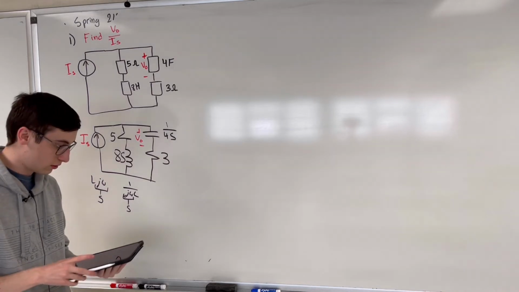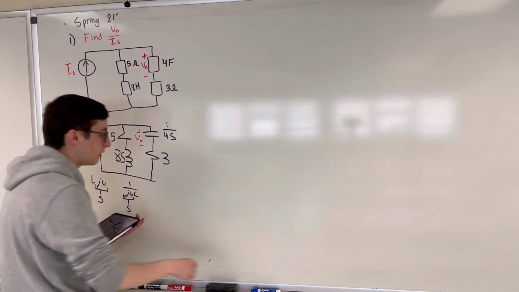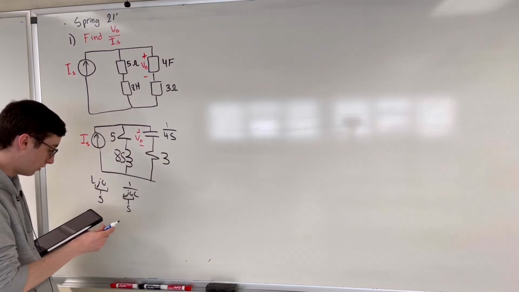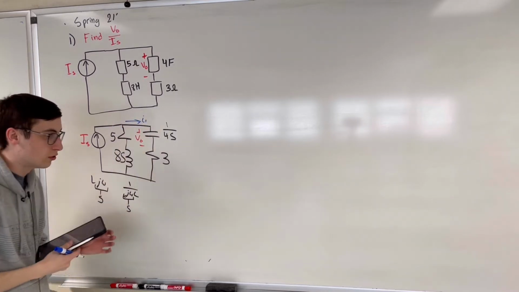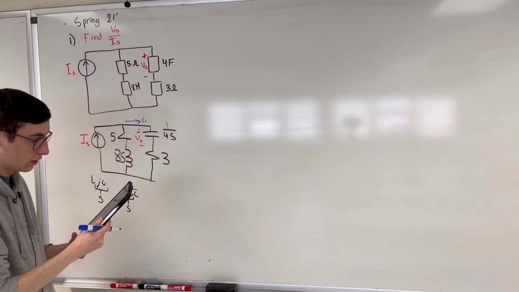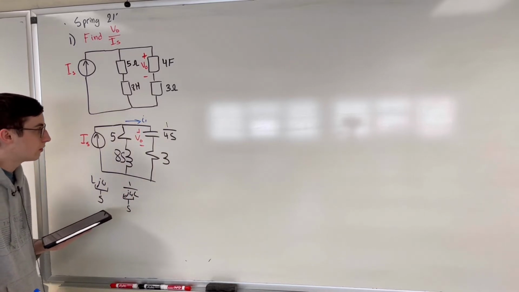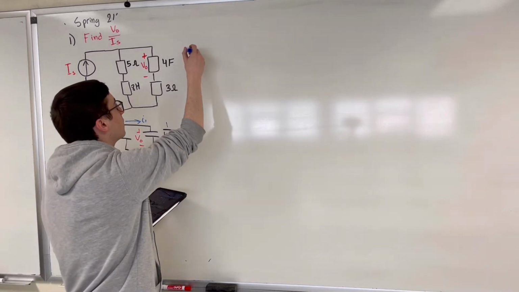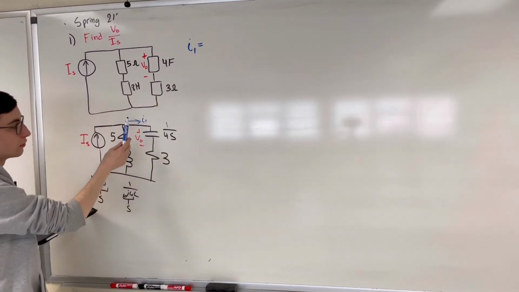To get started, what I did is to find this current called I1. It's an arbitrary current that I just assigned to make my life easier. I first started by doing current division to solve for I1.